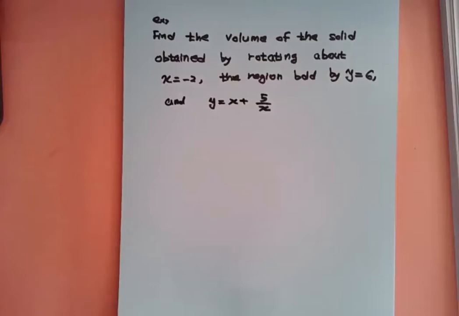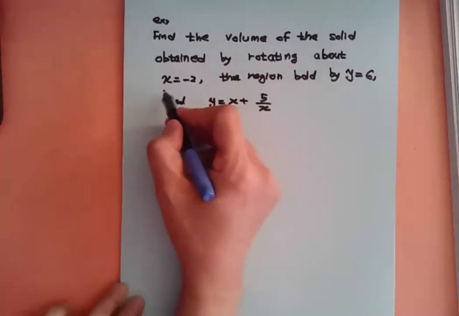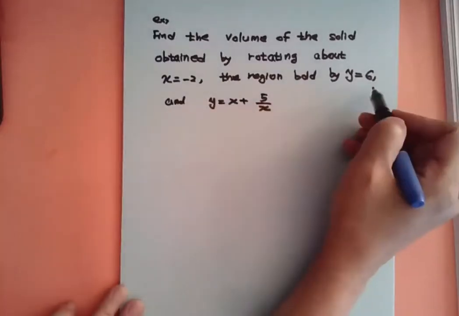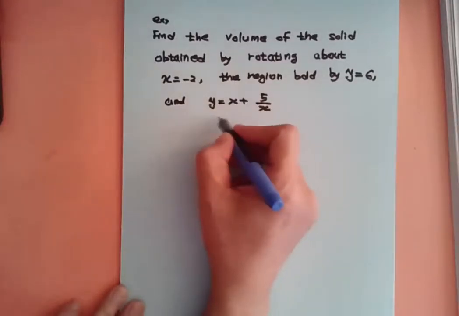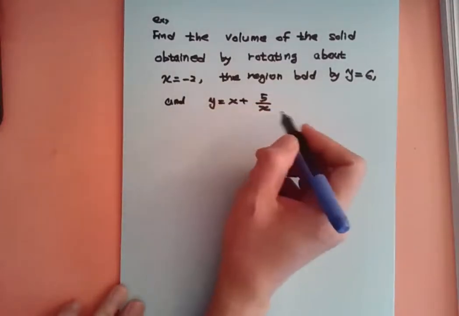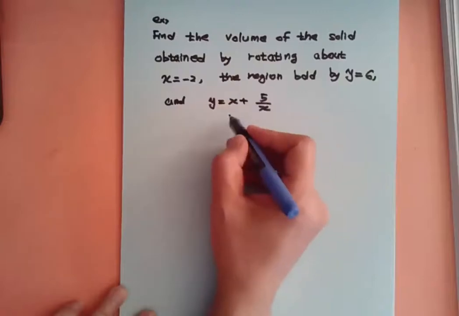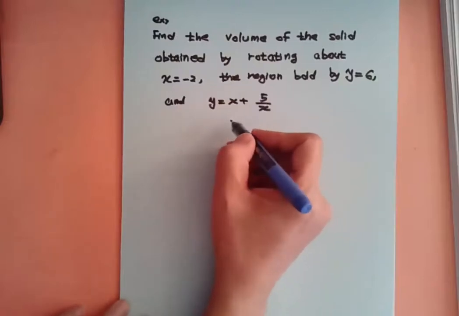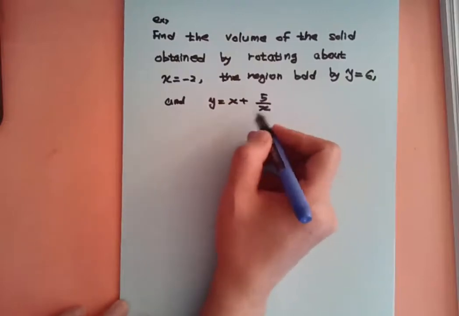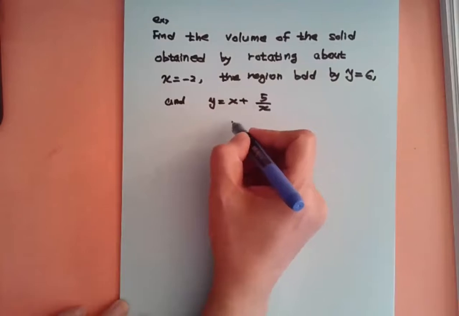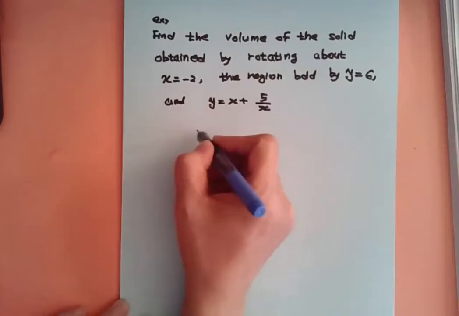Before we calculate the volume, we need to visualize the circumstance. This is just a vertical line. This is a horizontal line. This is a little bit confusing, but you learned it from college algebra. When the equation looks like this, there is a slant asymptote.